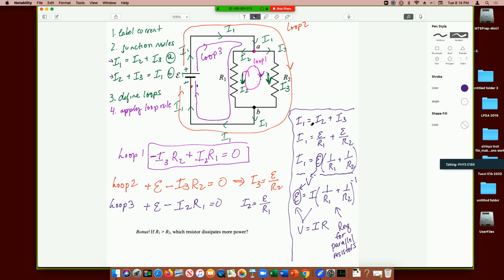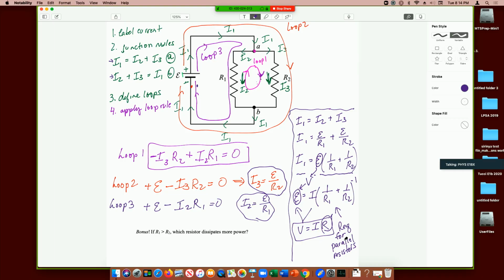So that should be a reassuring thing for you. When we apply our junction rule, I1 equals I2 plus I3, and we substitute in the two currents that we calculated from our loop rule, then we get out of that Ohm's law such that R is the equivalent resistance for adding resistors in parallel, which is what this is.